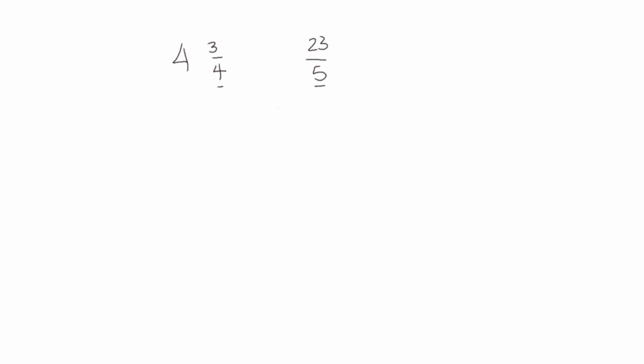So we can't easily do this. So let's start by first turning the number that is a fraction into a mixed number. So 20/5 plus 3/5 would be 23/5. 20/5 is equal to 4. So we have 4 3/5.